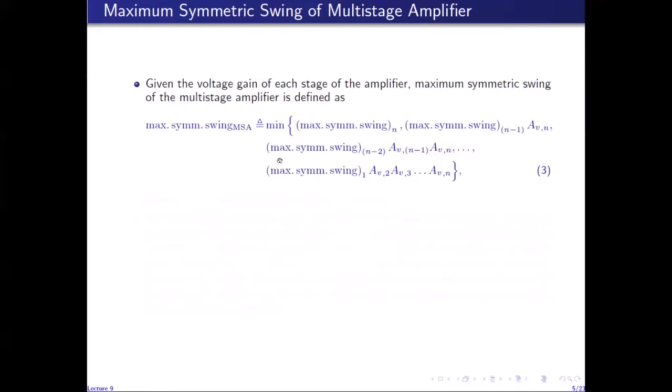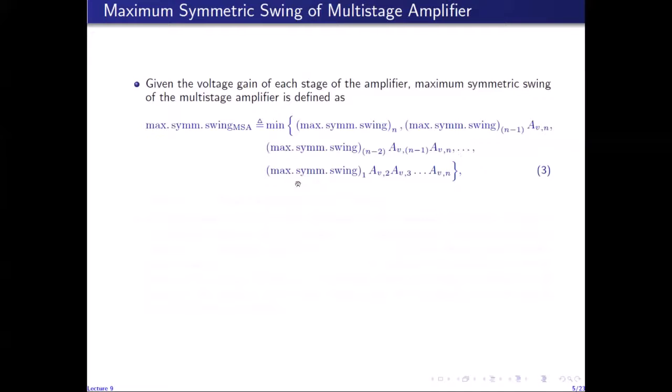Similarly, we find the maximum symmetric swing of the n minus second stage, and since that swing is multiplied by the voltage gain of the n minus first stage and nth stage, we multiply that swing with the gain of those stages, and this quantity is the maximum symmetric swing at the final output due to the n minus second stage.